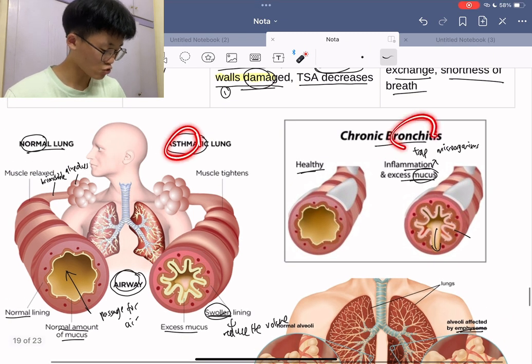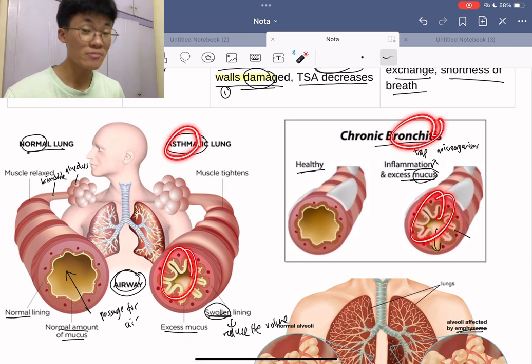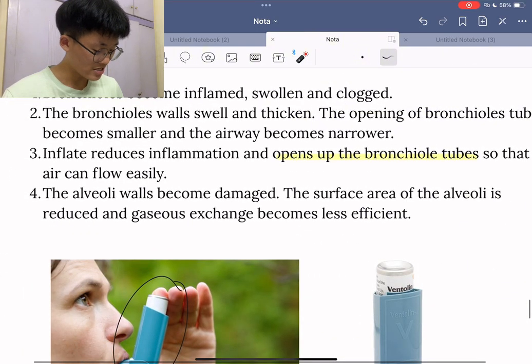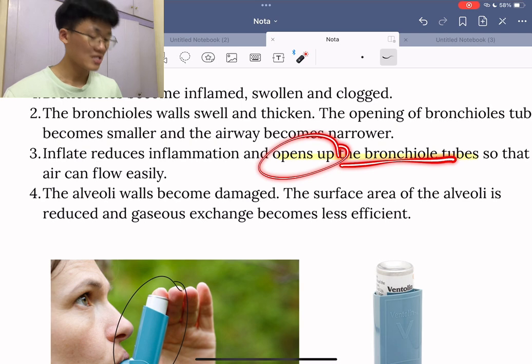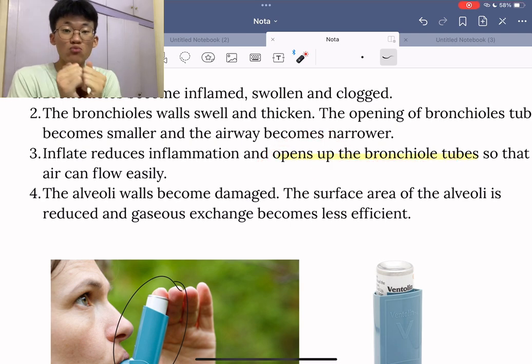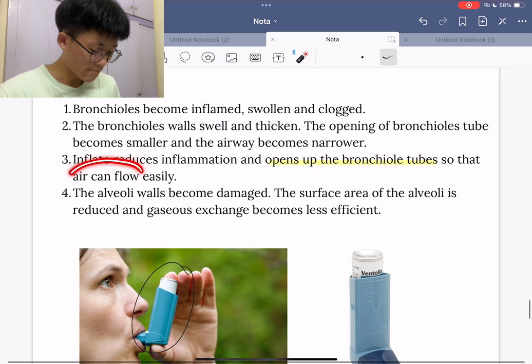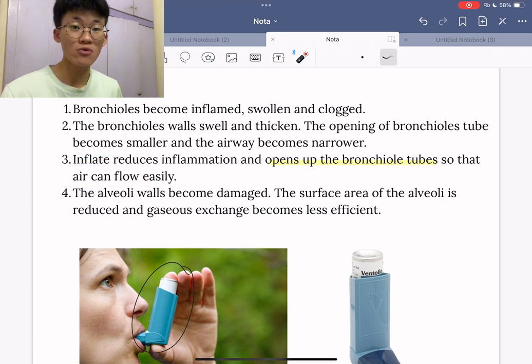For the asthma and also the chronic bronchitis, the airway becomes narrow, so I use an inhaler to help me open up. Just now I narrowed this one. Now I open up so more air can flow easily so that more gaseous exchange can occur.